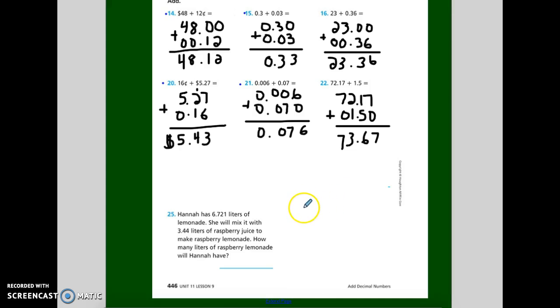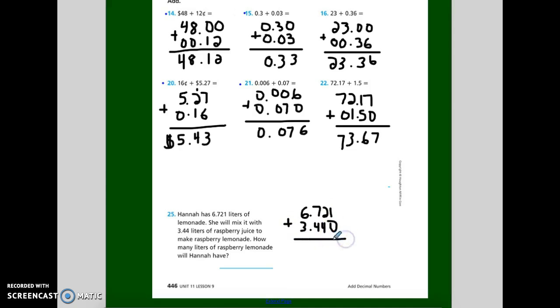All right, so you had 6 and 721 thousandths liters, and 3 and 44 hundredths liters. Okay, I'm just going to add that 0 for place value. Add it up.